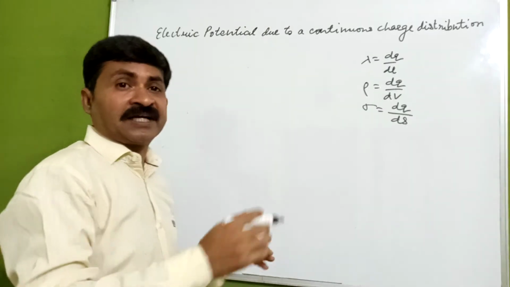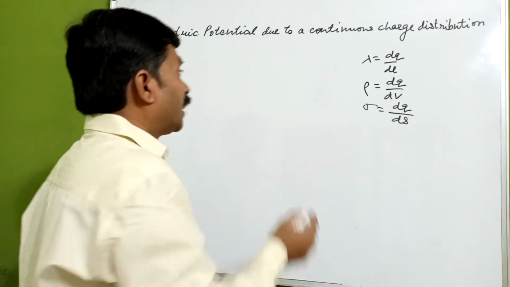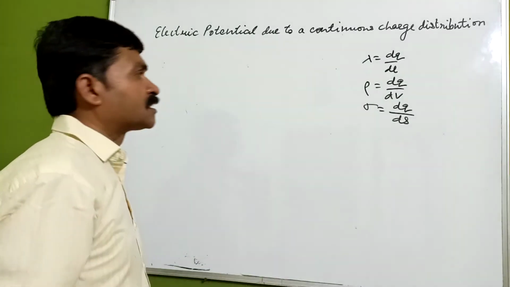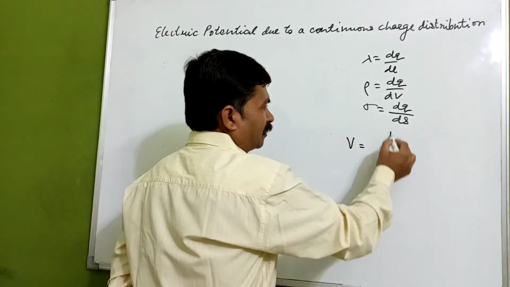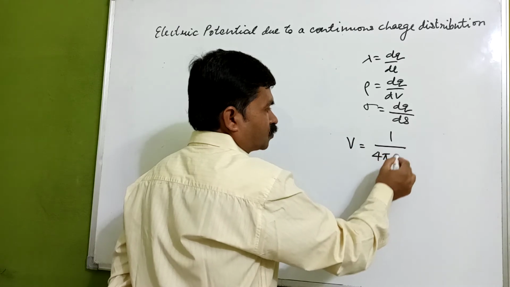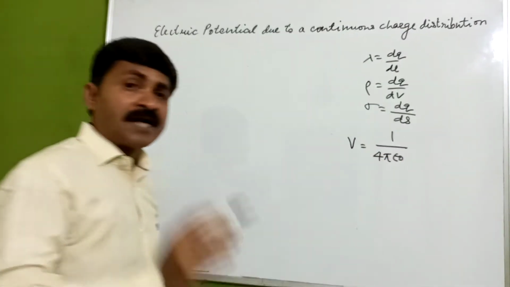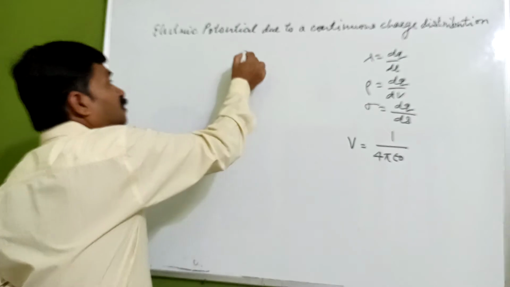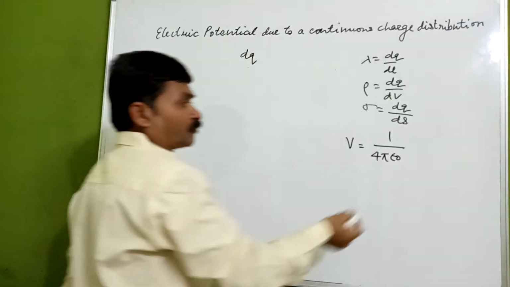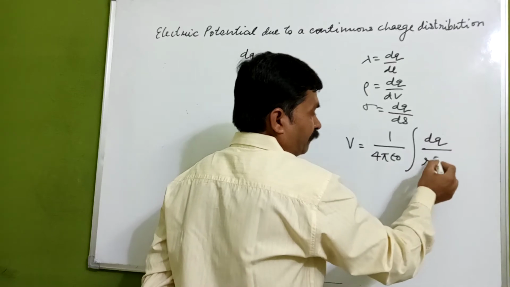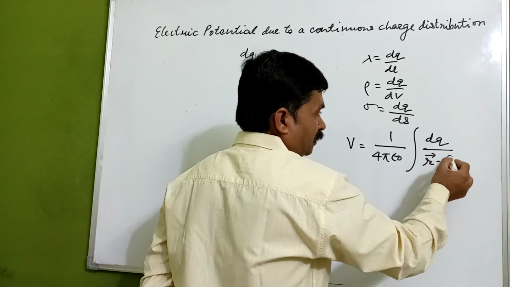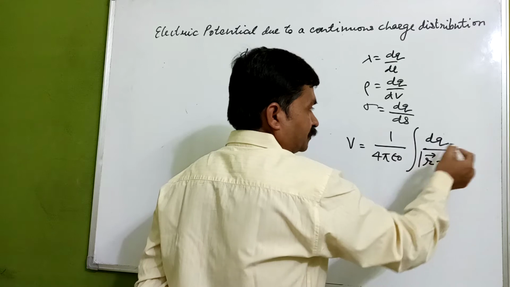Now if there is a charge, definitely it will create electric potential, and if we assume a distance r for a standard value, we have the relationship V is equal to 1 upon 4 pi epsilon naught, and because of a very small charge dq, we have some electric potential that will be given by dq upon the magnitude of vector r minus vector ri.